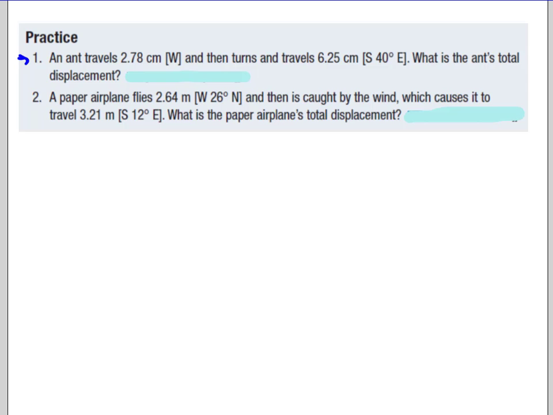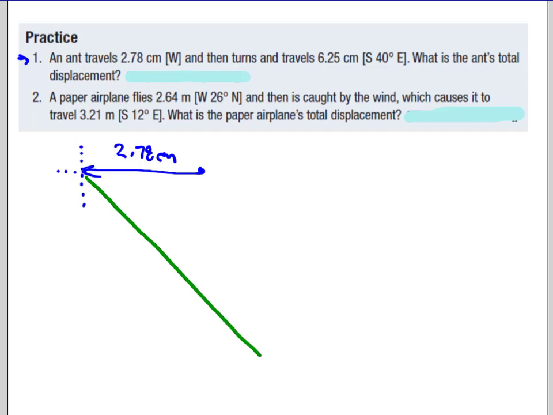Okay, so if I'm thinking this through, I want to have enough space here for my ant to walk to the west 2.78 centimeters, and then from that location, and I'm going to make a little X there to help keep track of things, I now have to turn south 40 degrees to the east, and 6.25 is almost 3 times bigger, so I would expect this to be a larger vector, maybe something like that. The 40 degrees goes in here, and this is 6.25 centimeters.